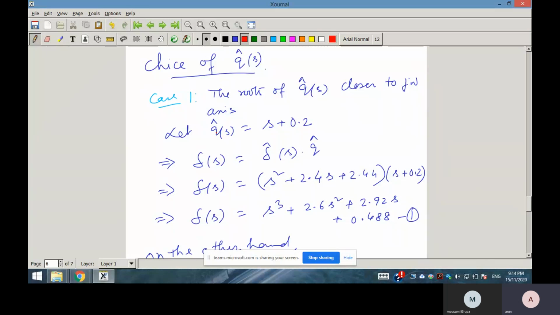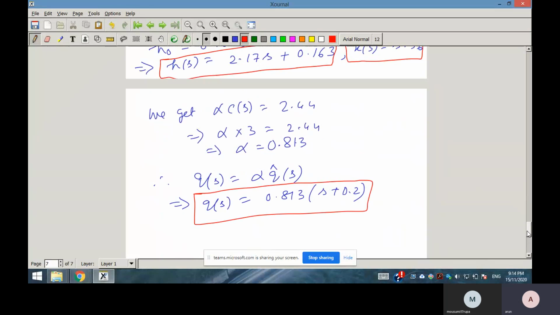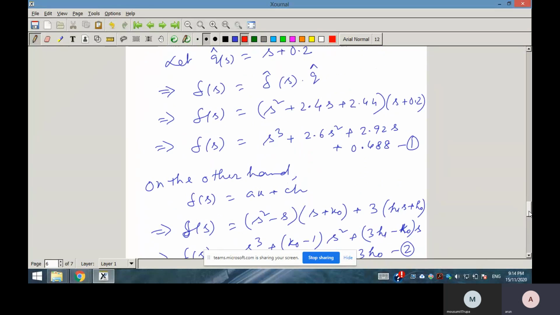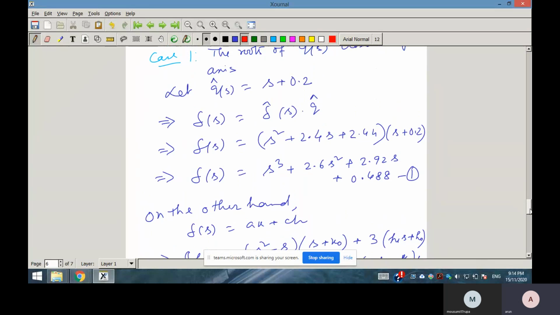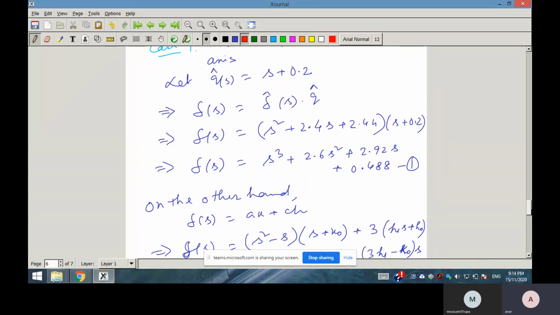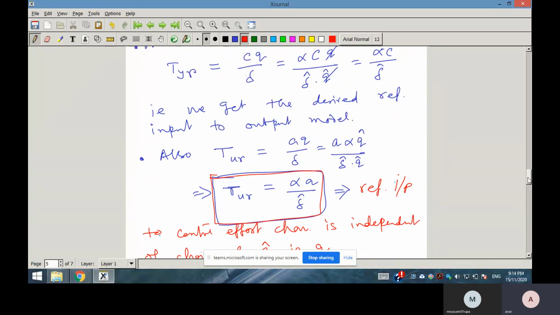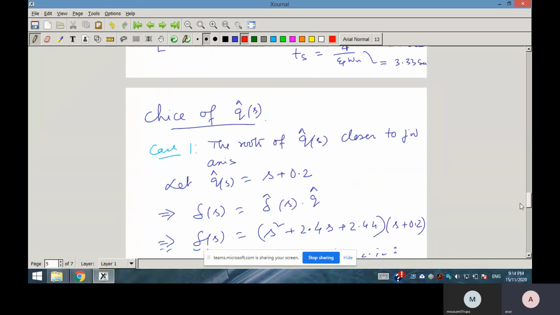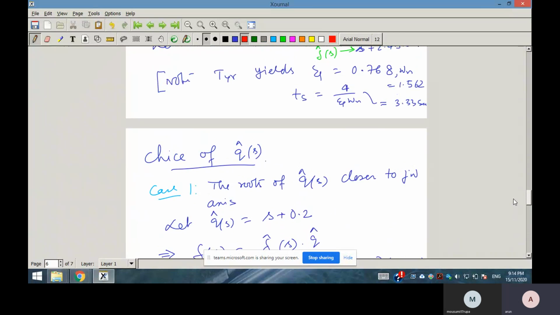If you change Q hat, your delta will change, so the desired pole location will change, meaning H and K will change, meaning your loop transfer function and loop behavior will change, although the T U to R and T Y to R characteristics will remain the same. So now we have to choose a suitable Q hat so as to have the desired loop behavior as well.